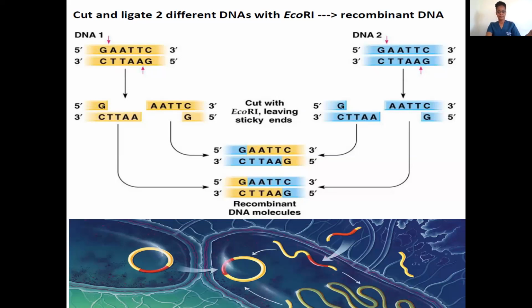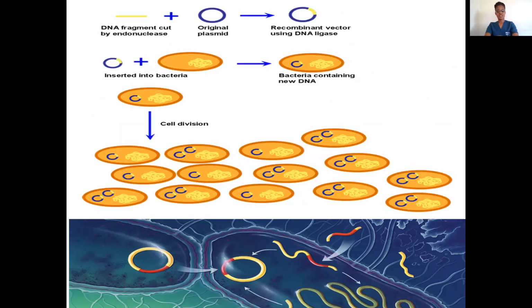So this recombinant DNA process is not complete unless we put this back into a bacterial cell. So for example, if this was our DNA fragment that we cut using an endonuclease, and then we placed it in a plasmid, and then we have our recombinant vector using a DNA ligase, we have to insert this recombinant DNA into a bacteria.